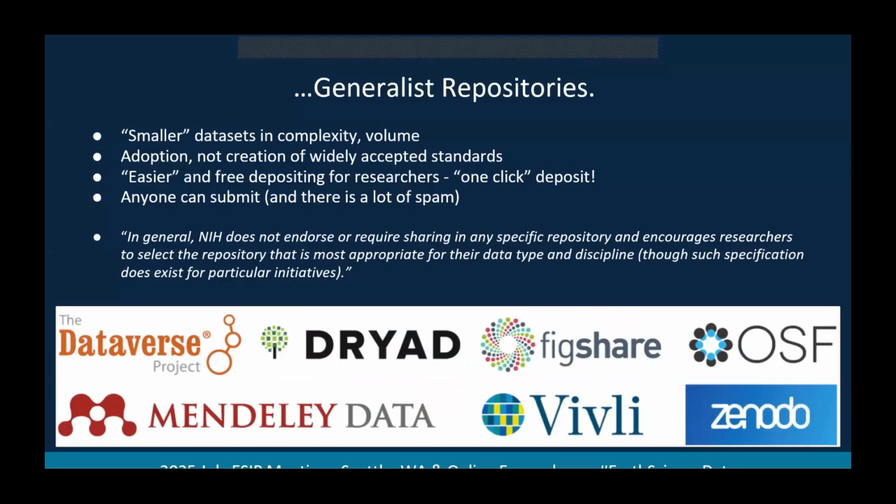But okay, so generalist repositories. We have the 1, 2, 3, 4, 5, 6, 7 generalist repositories that are in the GRAY program at the bottom. I think you can think of it as these are the ones that people will generally talk about or think about when mentioning generalist repositories.